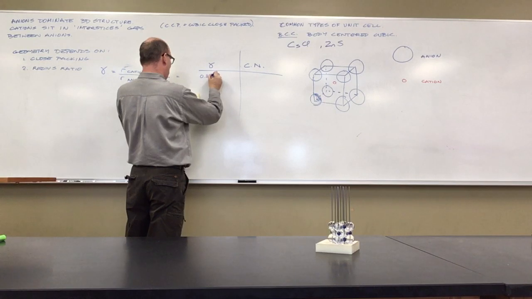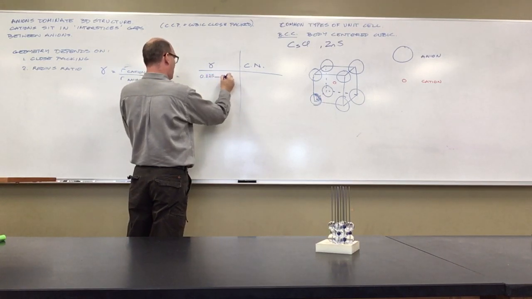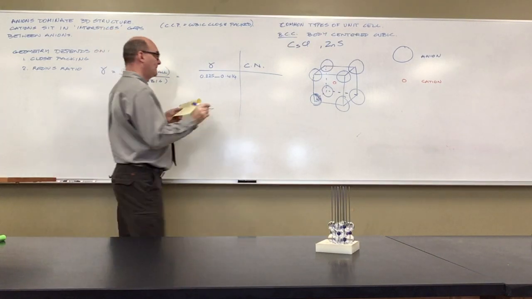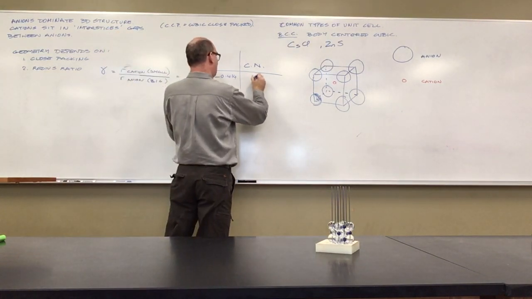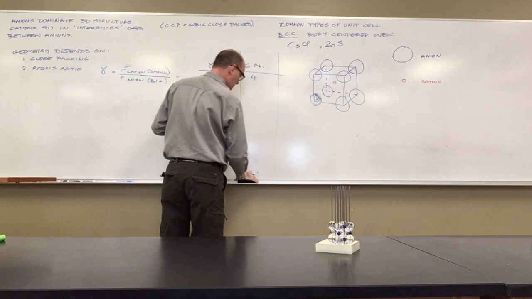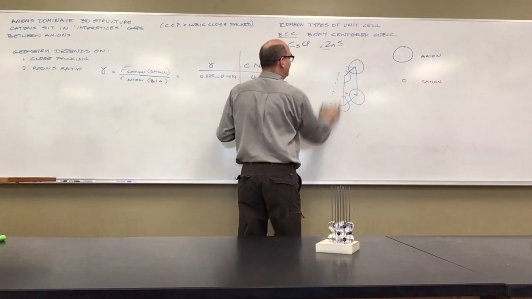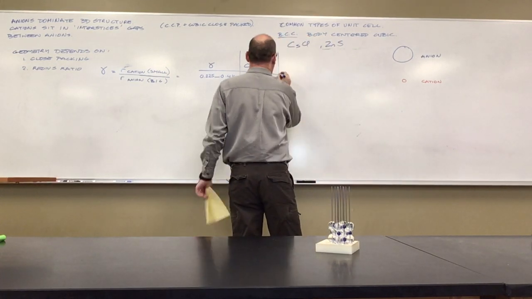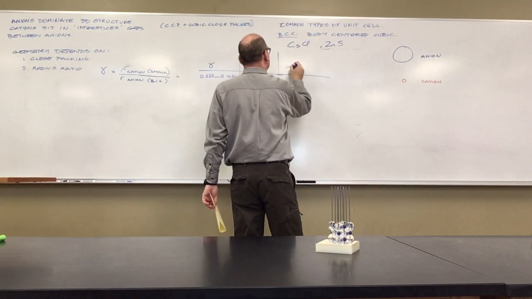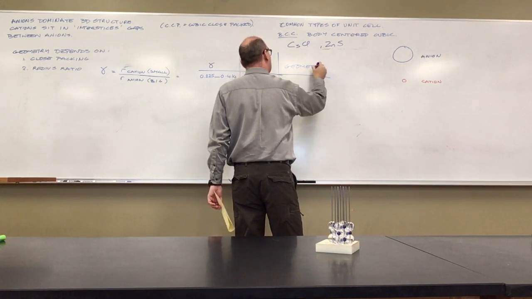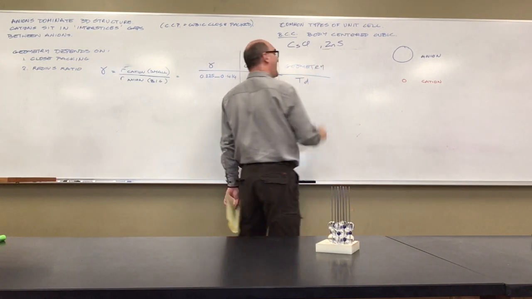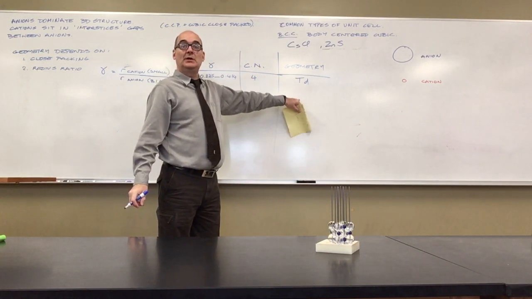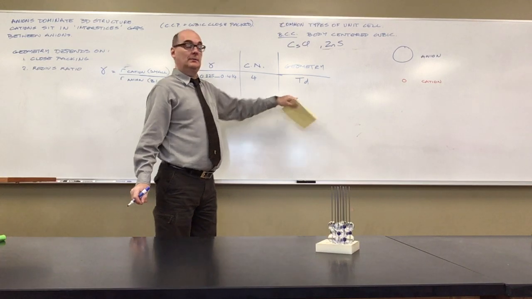From 0.225 to 0.414, that's kind of oddly specific, the coordination number is 4. That gives me a tetrahedral hole, a tetrahedral interstitial gap.